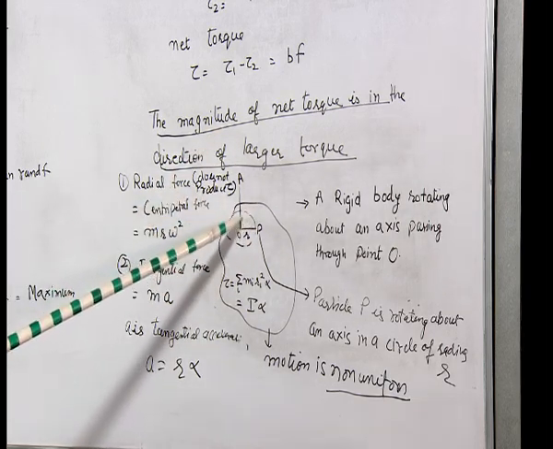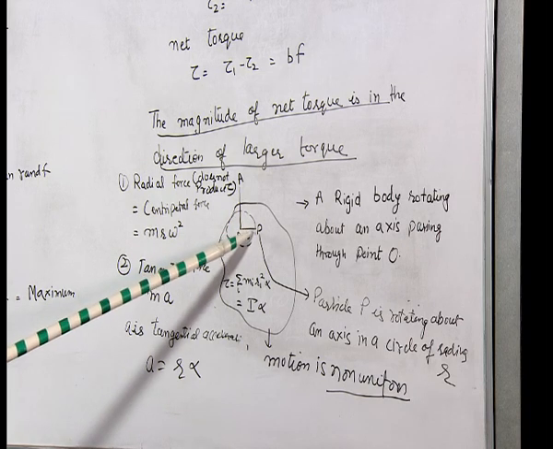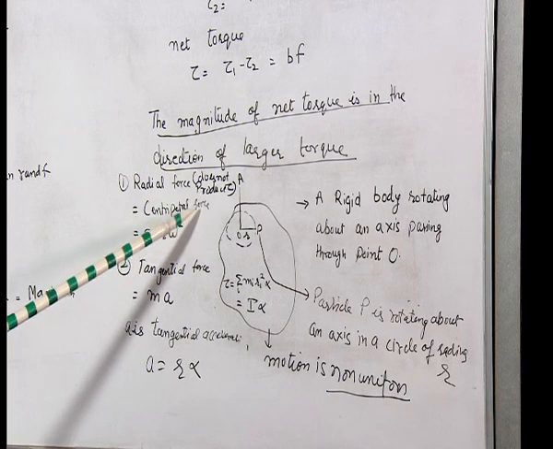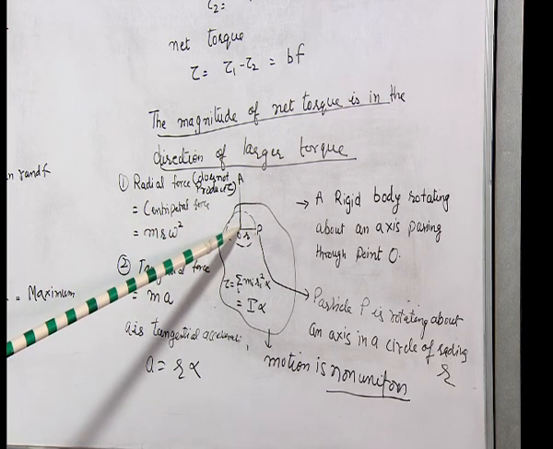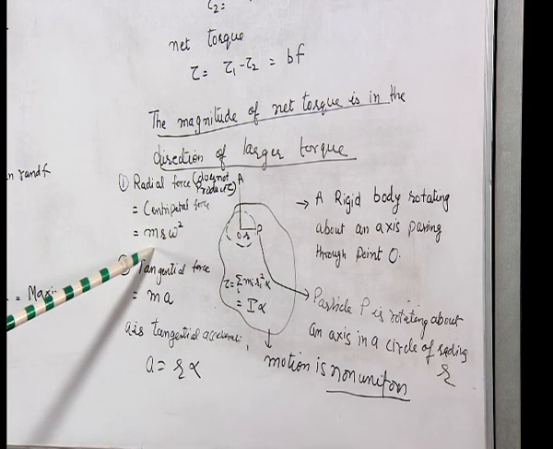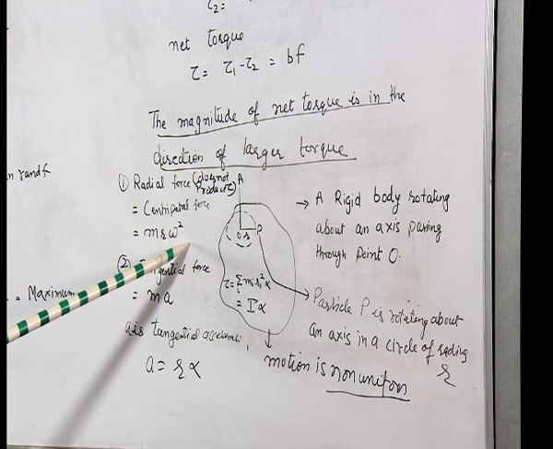This radial force does not produce torque, because theta is equal to 0, and it is equal to the centripetal force, which is always directed toward the center, given by the value m r omega square.